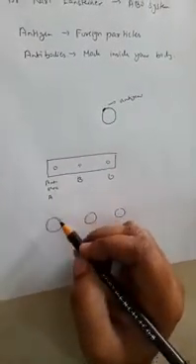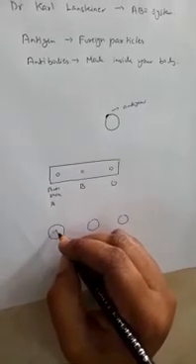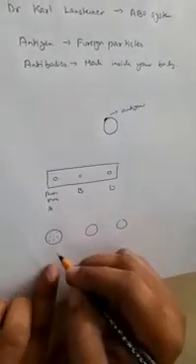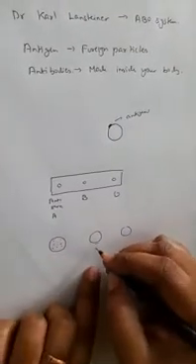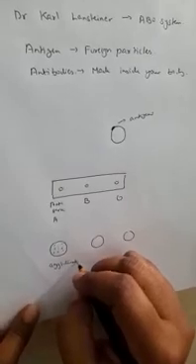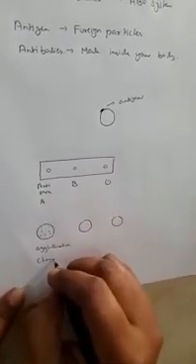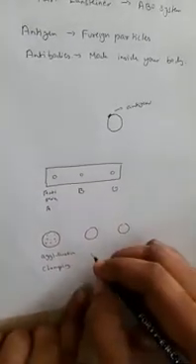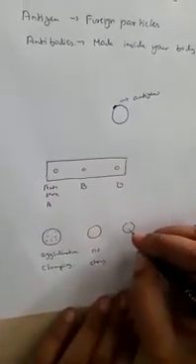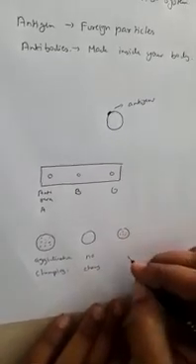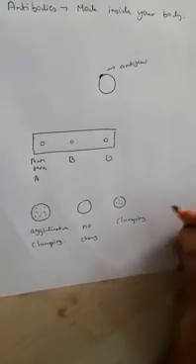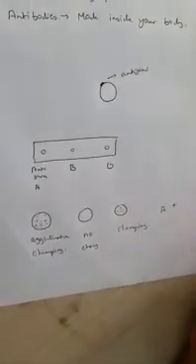So when I add antisera A, and if I find clumping, that is agglutination, in my first drop, and there is no change in the second, and here as well I get the clumping again, in the third, so my blood group will be A positive.